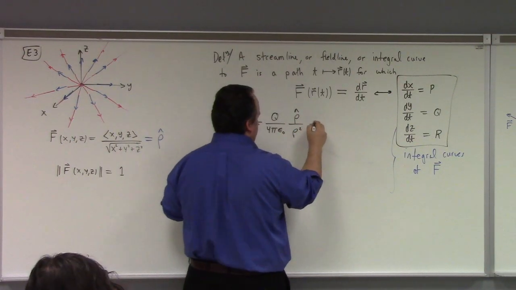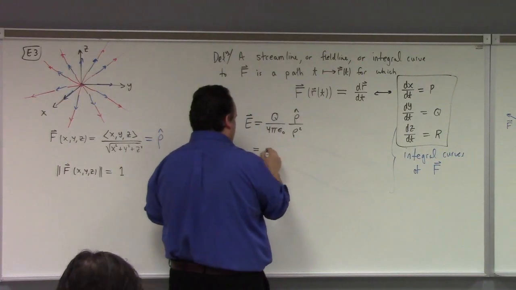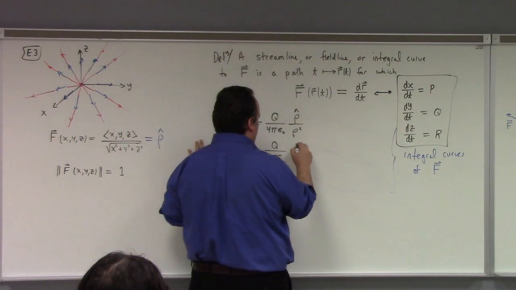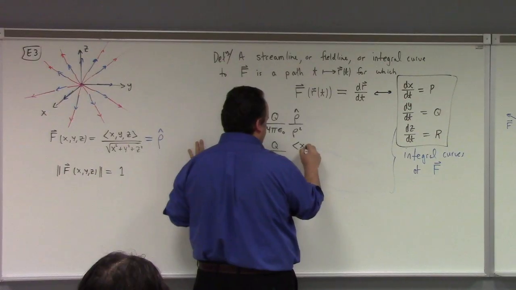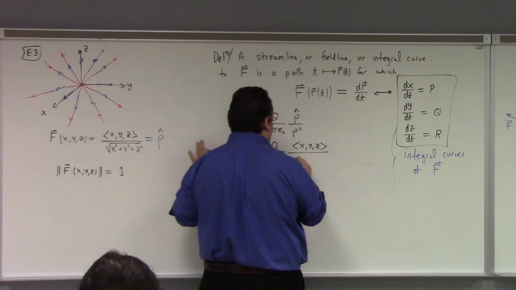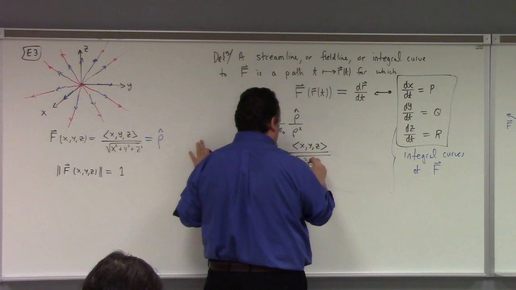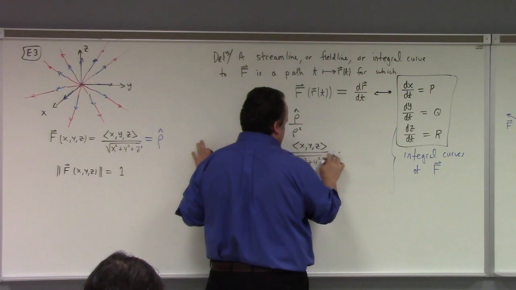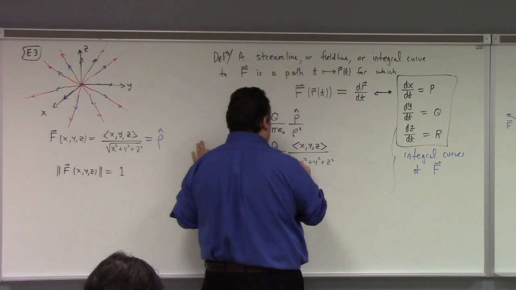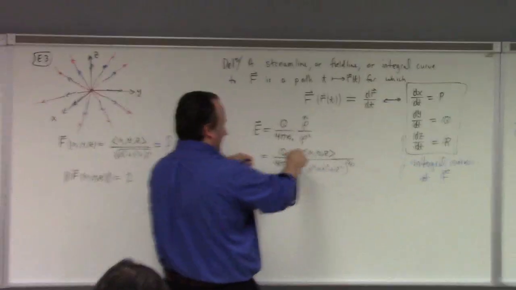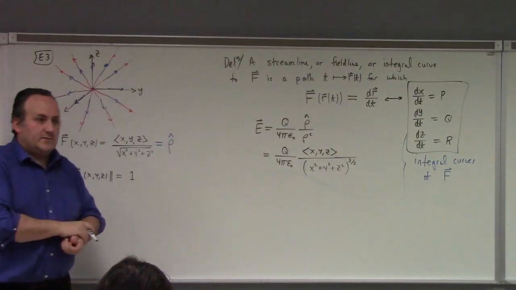I like to write this instead as Q over 4 pi epsilon naught times (x, y, z) divided by the square root of x squared plus y squared plus z squared. Well, forget the square root. Let's just write x squared plus y squared plus z squared to the 3/2 power. That's how that translates into Cartesian coordinates.